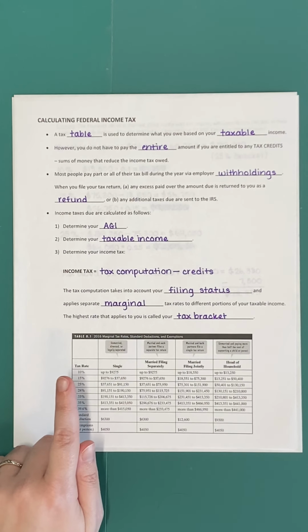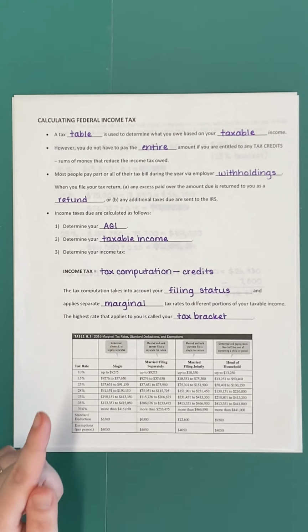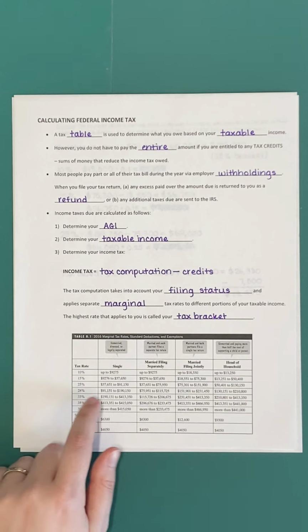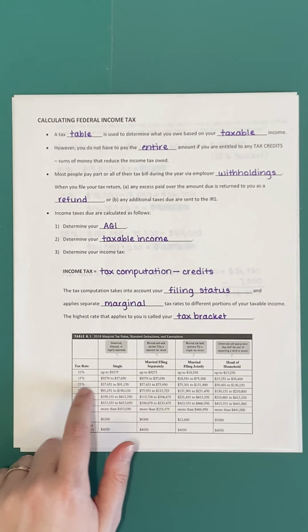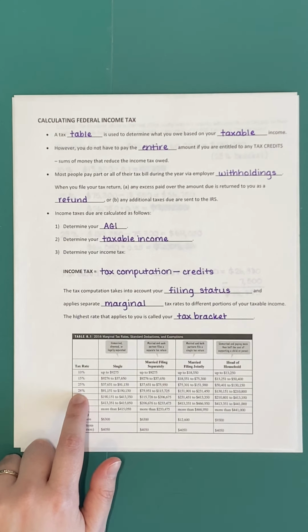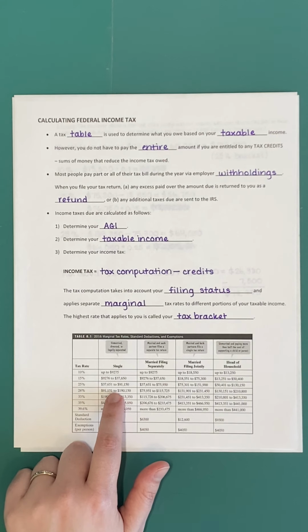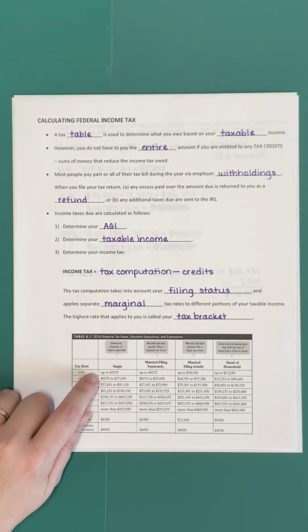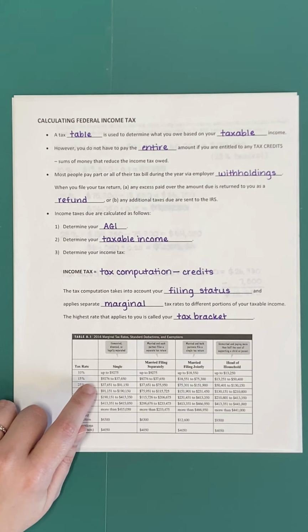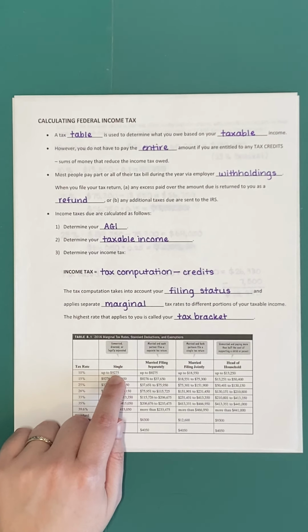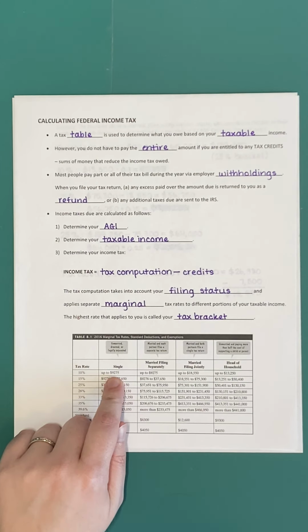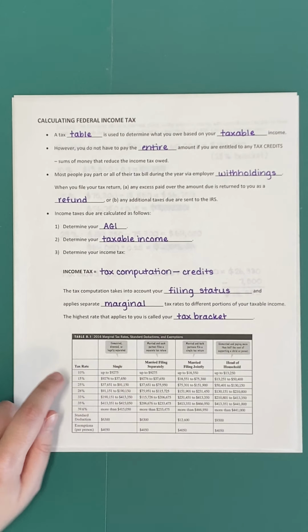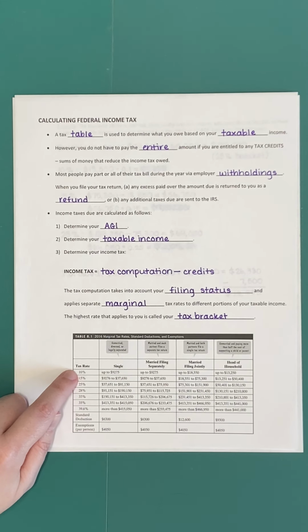So what we're going to do as we calculate taxes is we're going to actually layer your income. So if you had $100,000 in taxable income, which would take you all the way up to the 28% rate, you're then going to layer your income based on the lower rates as well. So the first $9,275 you make, regardless of how much you make in total, is only taxed at 10%.